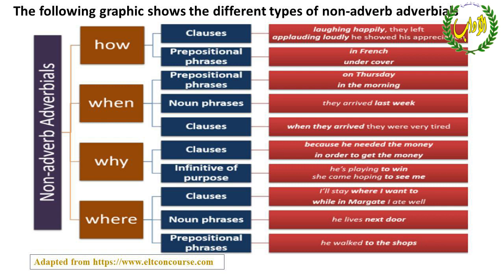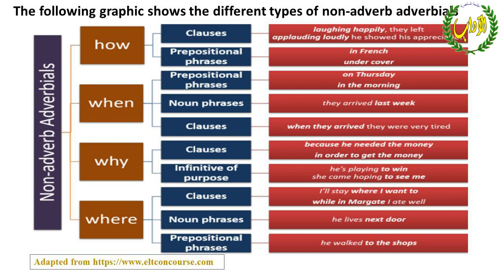The following graphic shows the different types of non-adverb adverbials. So we have some examples related to how, other examples related to when, why, and where. For how, for example, we have clauses like laughingly, happily, applauding loudly, or prepositional phrases like in French, undercover. When, as in prepositional phrases: on Thursday, in the morning.